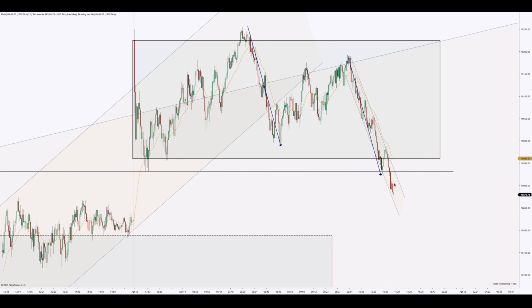I want to see a good, clear reversal pattern higher. So if we get a push above and then get a couple legs back, we can get a long. I'd like to see that push through this blue level here and also the overnight low. That way we just get through both of those levels here.